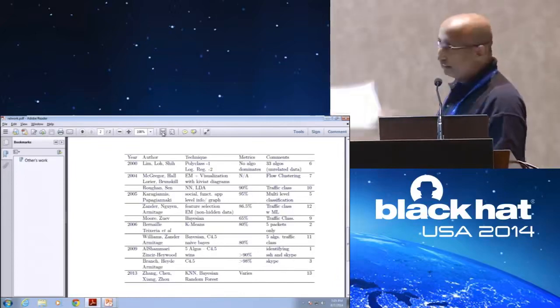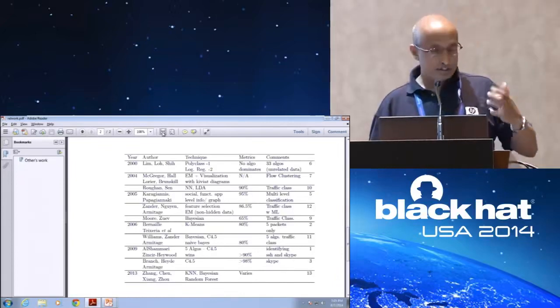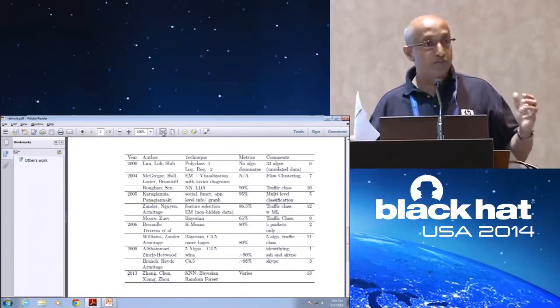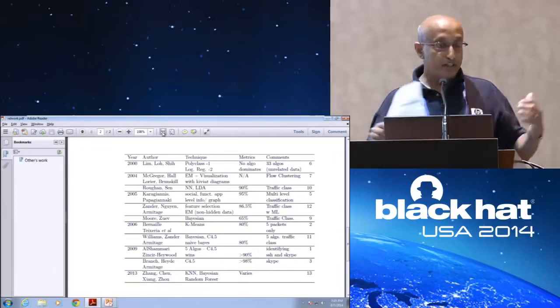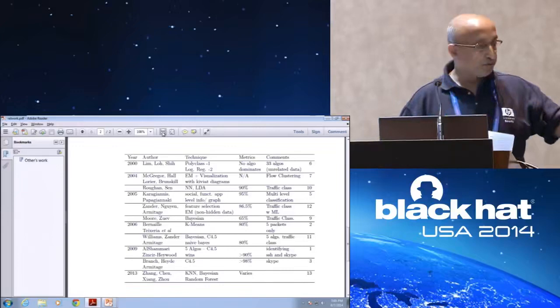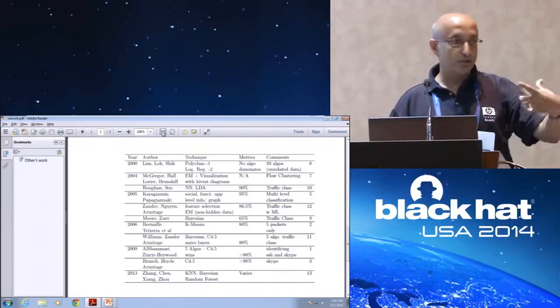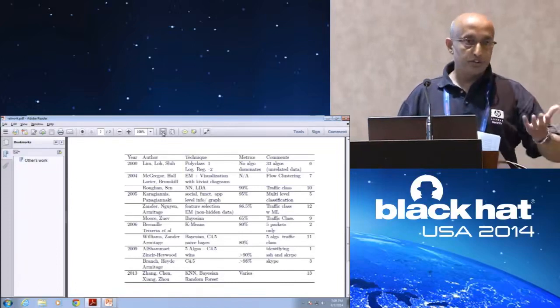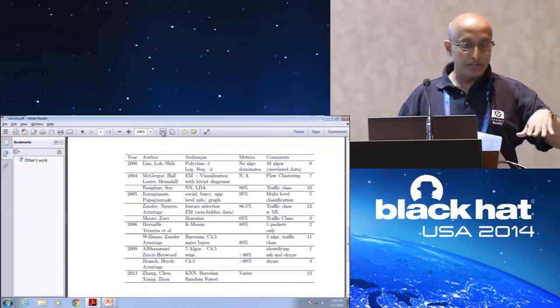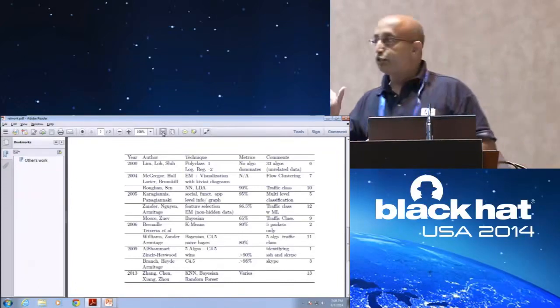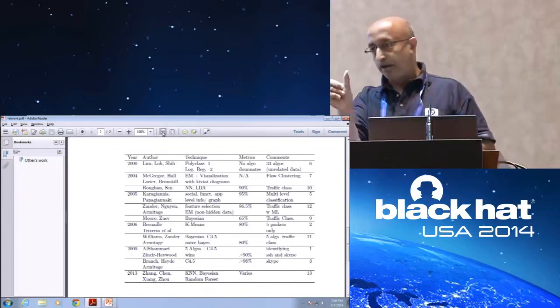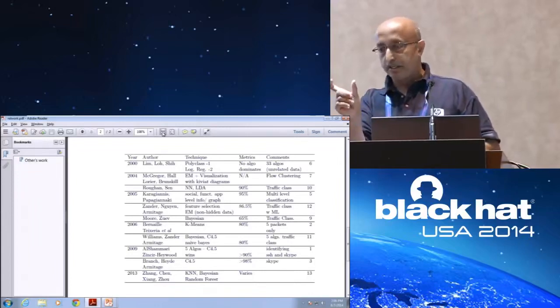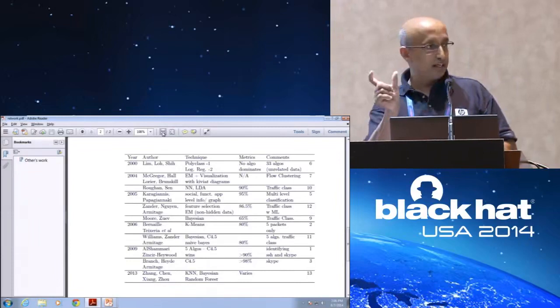Karagiannis et al. used a technique that used a lot of information. They built a graph. They knew who the clients were, who the servers were, what the social function of the clients and servers were, and they used graph clustering to identify applications. But their technique could not be used to identify applications from a single link.